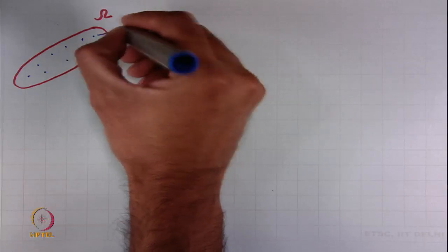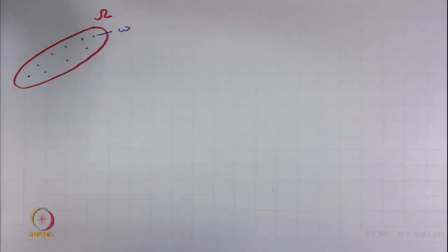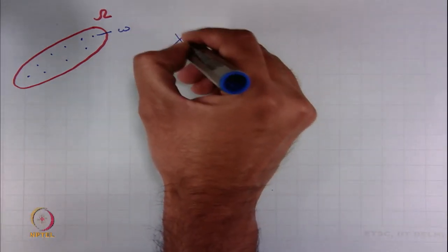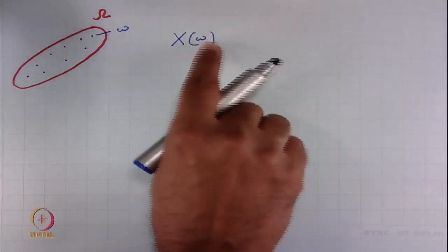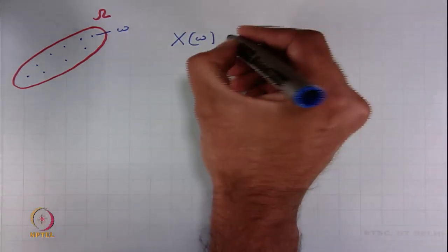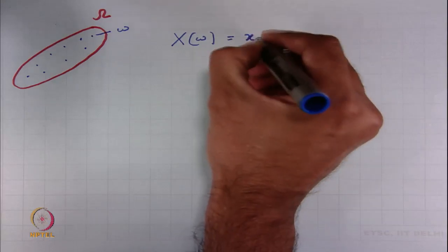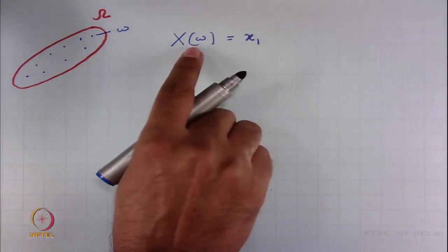These dots represent outcomes of an experiment, and we use little omega to represent an outcome. A random variable is a function which takes in an outcome of an experiment, little omega, and provides a numerical value to this outcome.